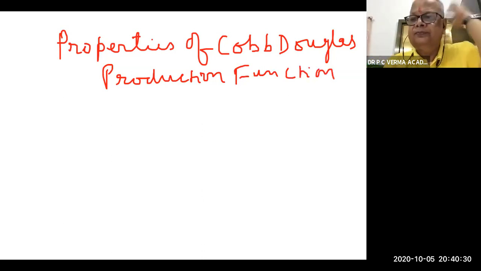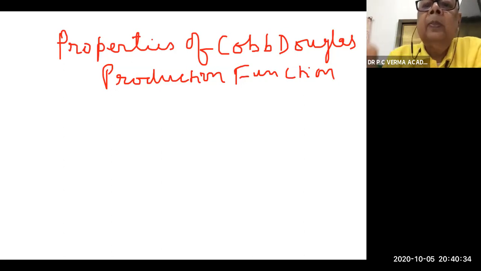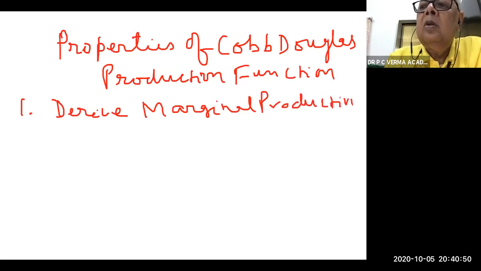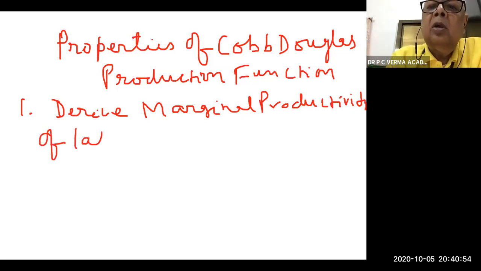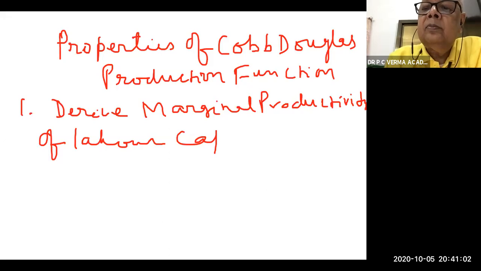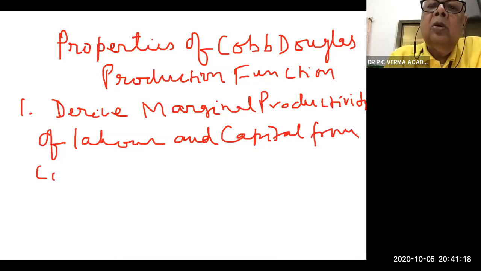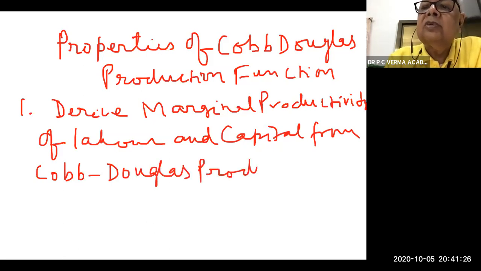Properties of the Cobb-Douglas production function. Derive marginal productivity of labor and capital from the Cobb-Douglas production function.